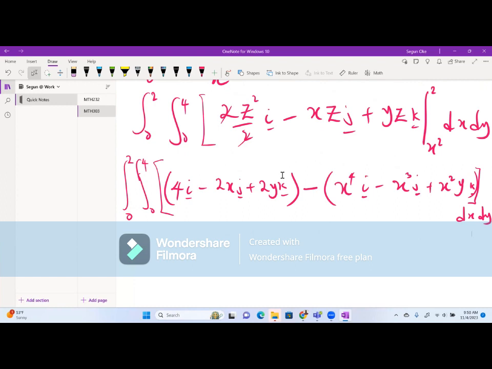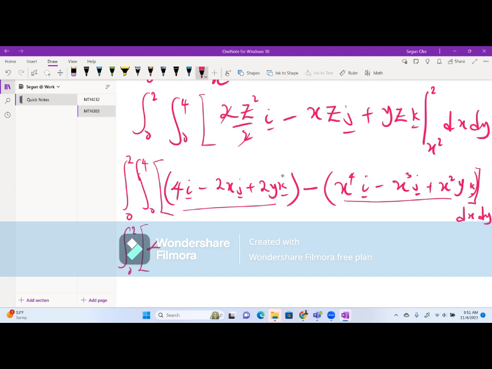Now let's solve the y, because the y is the next integral that follows. So let's solve it. We have 0 to 2. Integrate this with respect to y.